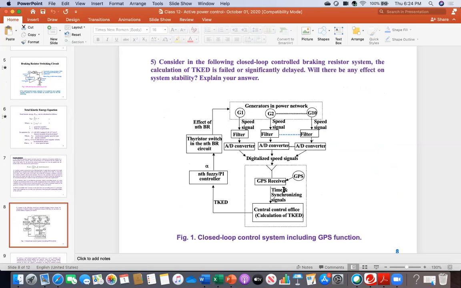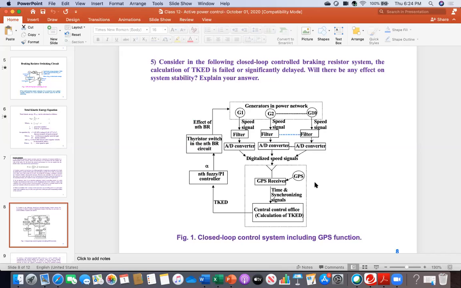You have to take the help of GPS. That will make your collected digitalized speed signals time and phase synchronized. And that is the function of the GPS, so that there is no time delay. Because GPS accuracy in North America is 1 to 2 microseconds.